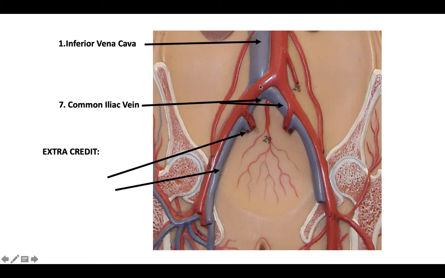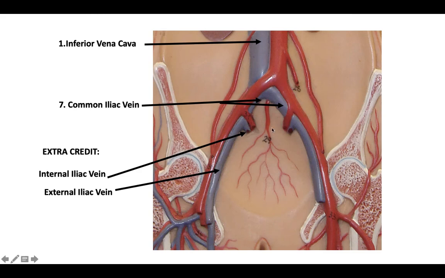As it divides in the pelvic region, it is also called the common iliac vein. For extra credit, here's what you could do. Once it divides, we have the external, which is more on the external side of the body, by those bones, and then the internal iliac goes in the middle of the pelvic girdle. So if you want to learn those for extra credit, you can.